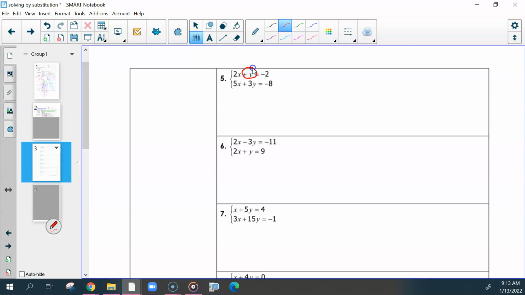So because we're solving for y, we need to get y by itself, make it a y equation. How would we do that? Felix. Subtract 2x on both sides. I'm going to rewrite this so that the x term comes first. So we have y equals -2x minus 2.